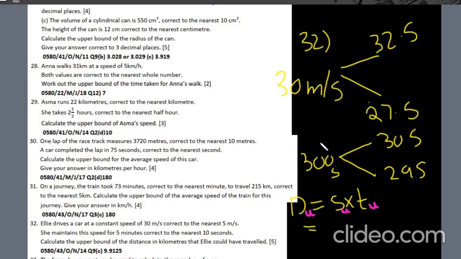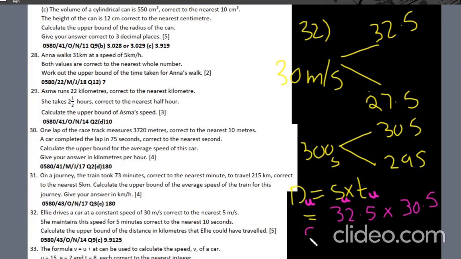So 32.5 meters per second times 30.5 seconds. So we get 32.5 times 30.5, which gives us 991.25 in meters.